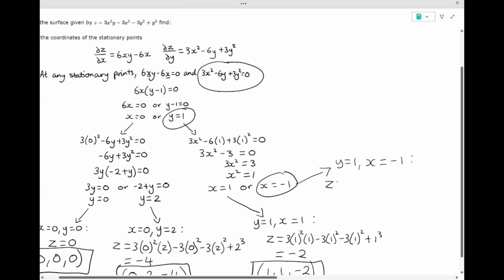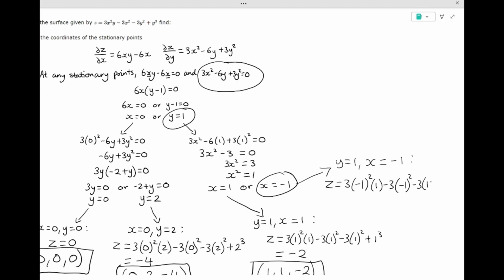So z is equal to 3 multiplied by negative 1 squared times 1, which is y, take away 3 lots of negative 1 squared, take 3 lots of 1 squared, and then plus 1 cubed. Okay, and then we just have to calculate that there. So we're going to get, I believe, negative 2 again. So then we can write out our stationary point. So x equals negative 1, y equals positive 1, and then finally z has come out as negative 2.